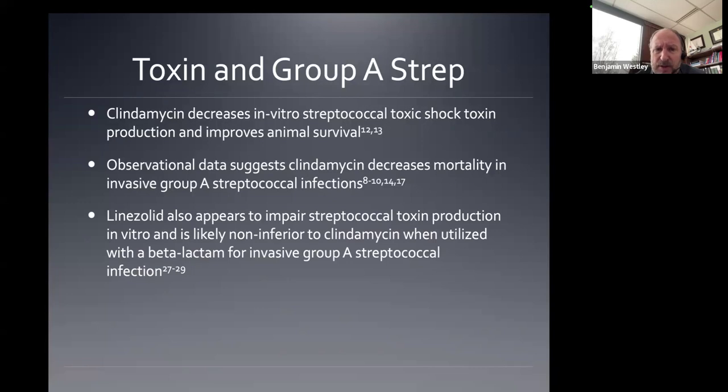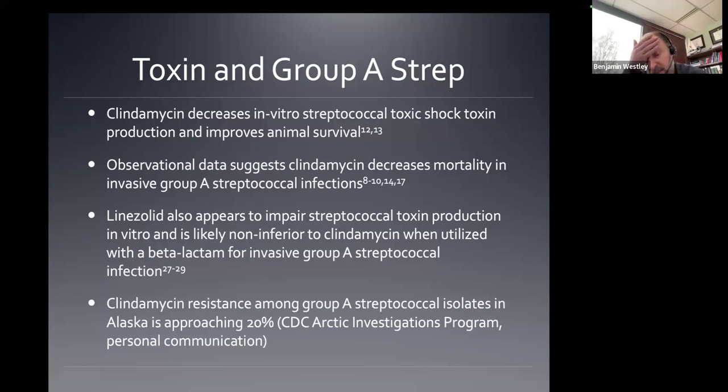In vitro, it impairs streptococcal toxin production, and there are several series now suggesting that clinical outcomes are non-inferior to clindamycin when used with a beta-lactam. So for example, if you give ampicillin or ceftriaxone plus linezolid, the outcomes appear similar to clindamycin.